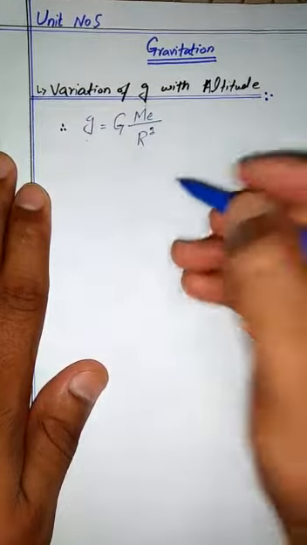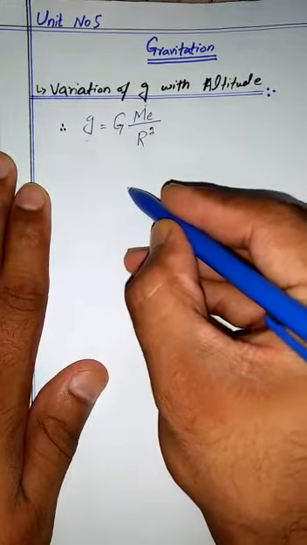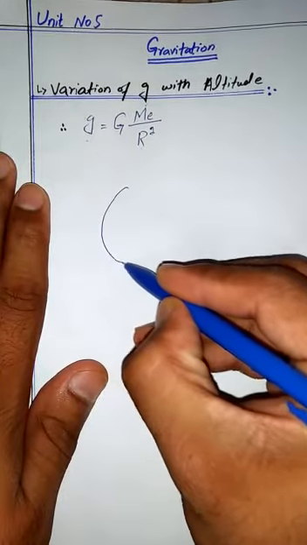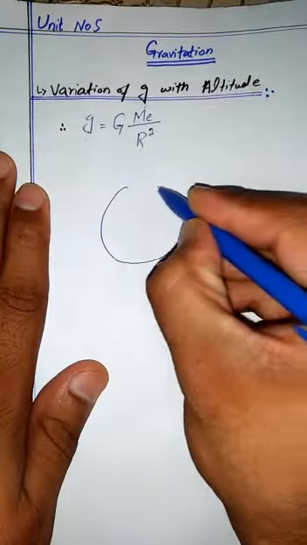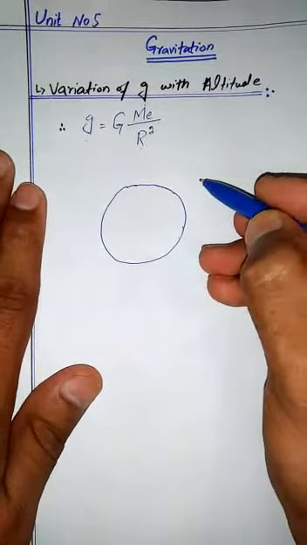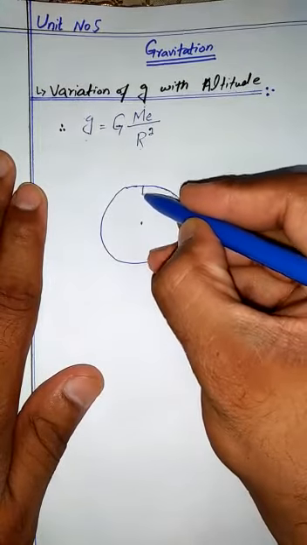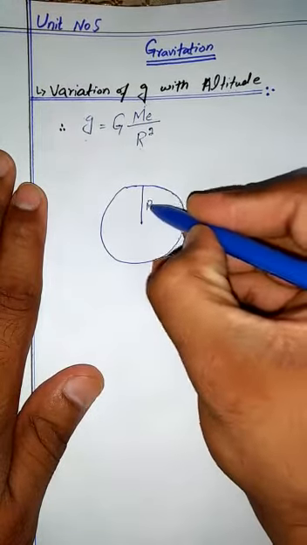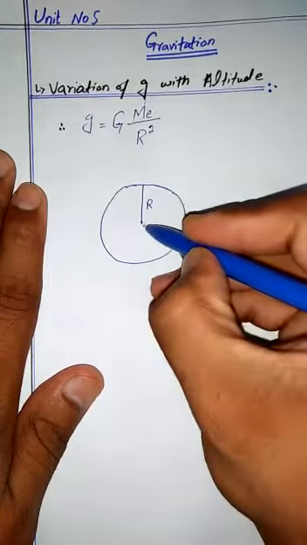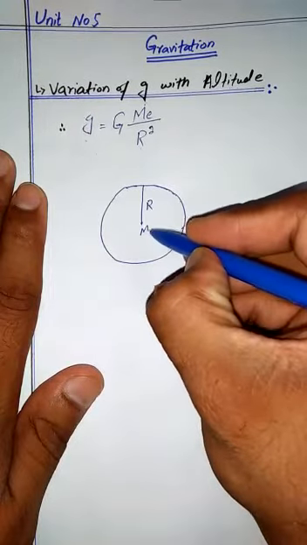Let's suppose we have an earth, and the distance from the center to this point is known as the radius of the earth, and that is the mass of the earth.